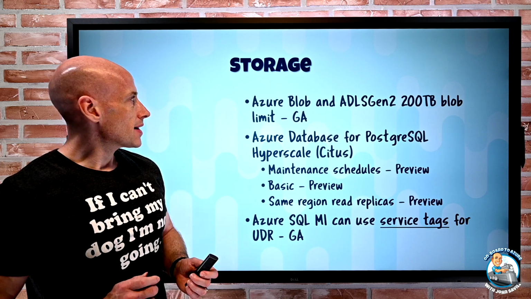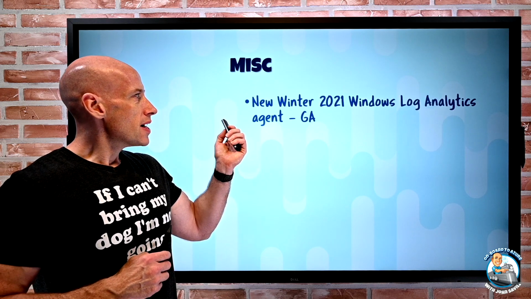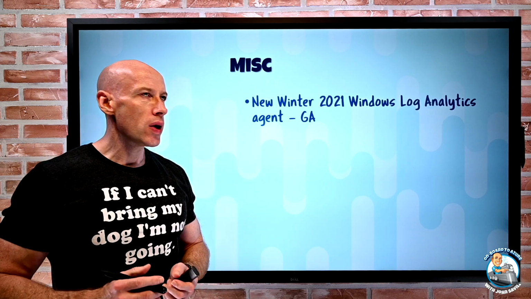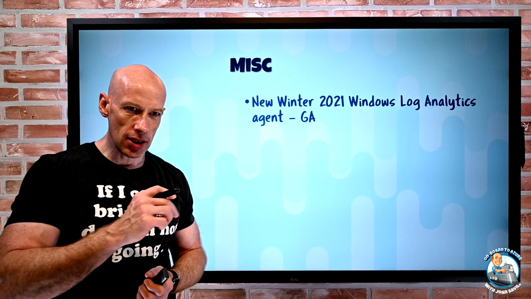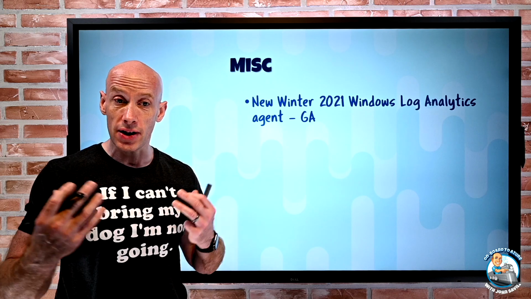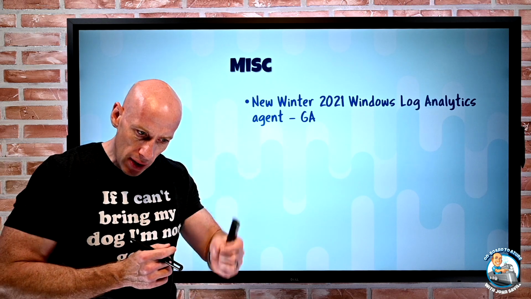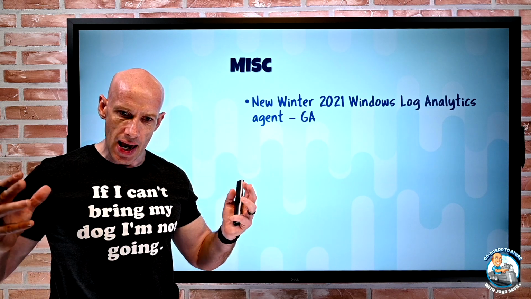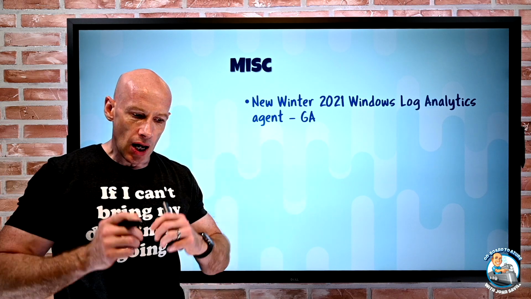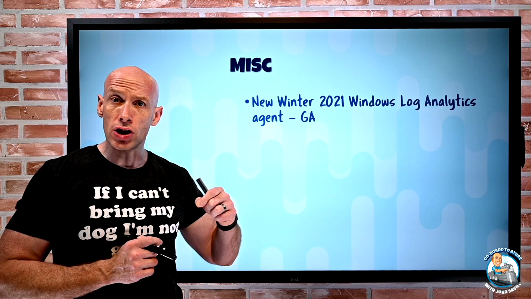Okay, next, miscellaneous. There's a new Winter 2021 Windows Log Analytics agent. This is not going away, but I think this might be the last major version of it. Remember, it's moving to the new Azure Monitor agent, which really brings together the Log Analytics agents, the diagnostic extension, and the Telegraf agent we leverage for Linux.